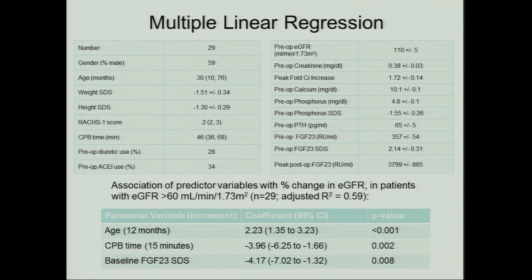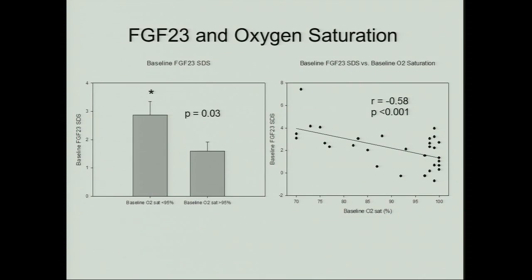So it actually recently has been shown that hypoxic rats have increased expression of FGF23. In our patients, we observed that those patients with a baseline oxygen saturation of less than 95% had higher FGF23 standard deviation score than those with an oxygen saturation of greater than 95%.